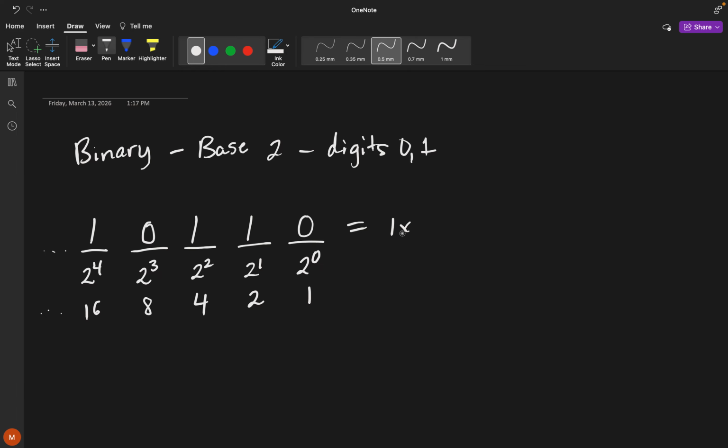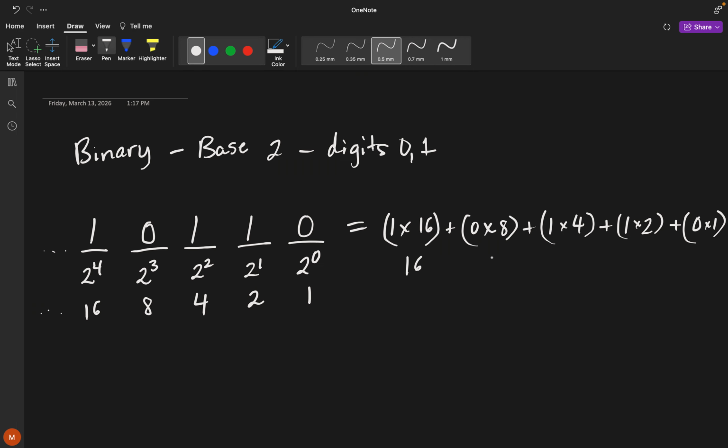So 1 times the 16's place, added to 0 times the 8's place, added to 1 times the 4's place, added to 1 times the 2's place, and added to 0 times the 1's place. And if we go through that, anything times 1 is itself.